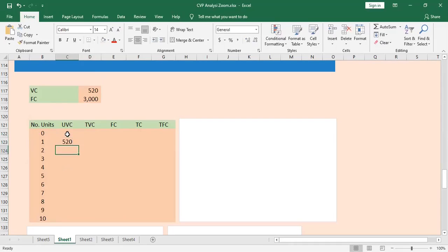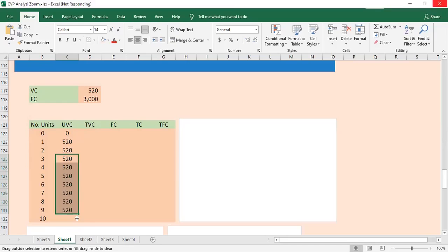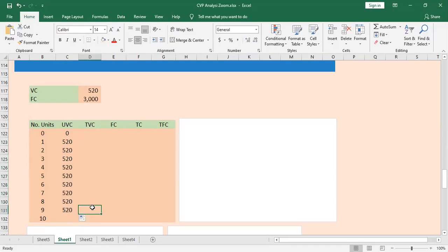When you are producing 2 units, again unit variable cost 520. When you are producing 3 units, unit variable cost 520. It is not going to change. So all the way to the 10th unit, it will be the same.